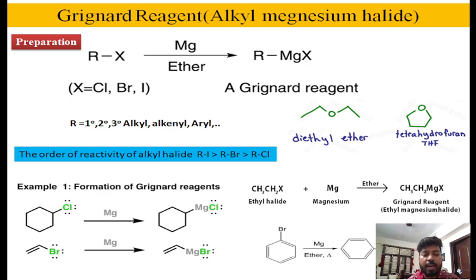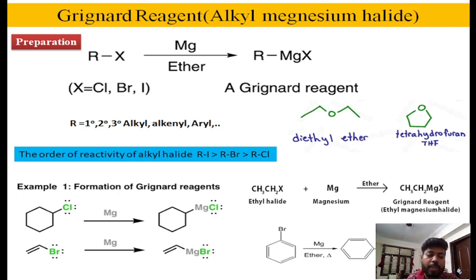The alkyl halide can be primary, secondary or tertiary, alkyl or aryl halides. X can be chlorine, bromine or iodine. Chlorine is not taken here because of its high reactivity. Ether examples are diethyl ether and the cyclic ether tetrahydrofuran.